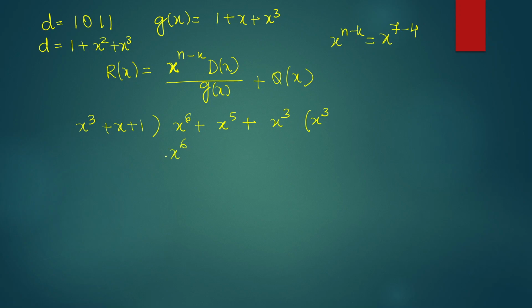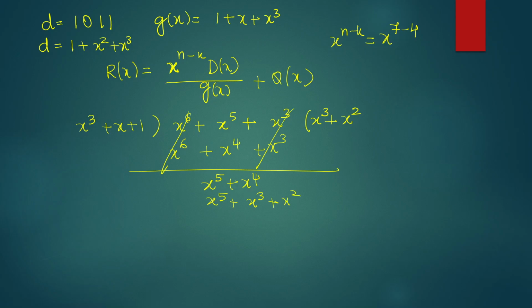So I'm going to get x power 6 plus x power 4 plus x cube. Cancel out the terms wherever it is possible. X power 5 plus x power 4. You can write the second term as x square. X power 5 plus x power 3 plus x square. You can cancel the terms wherever it is possible. X power 4 plus x cube plus x square is left out.